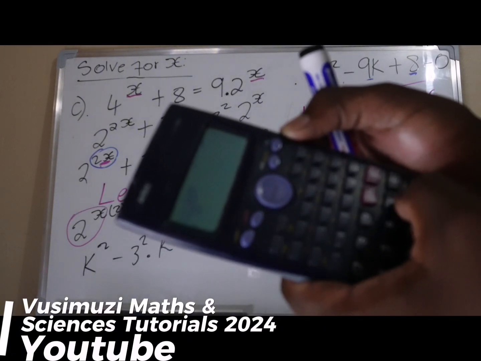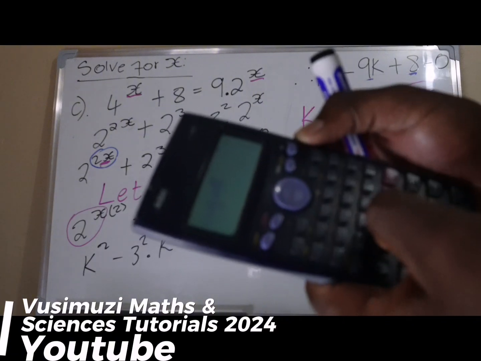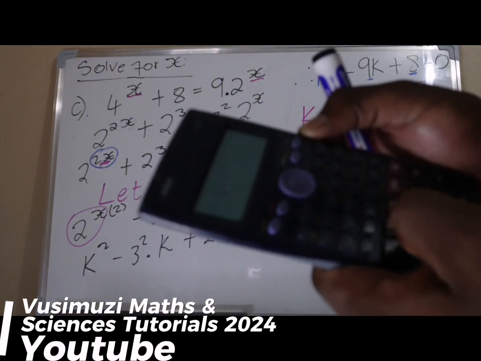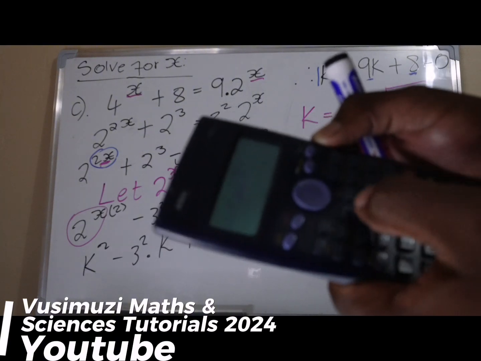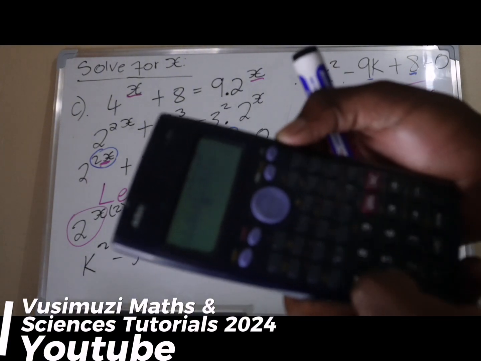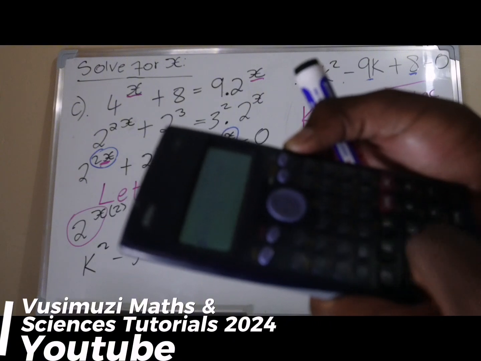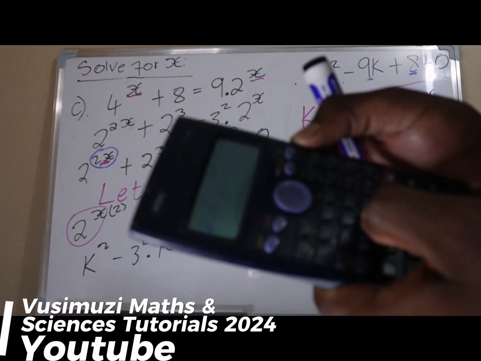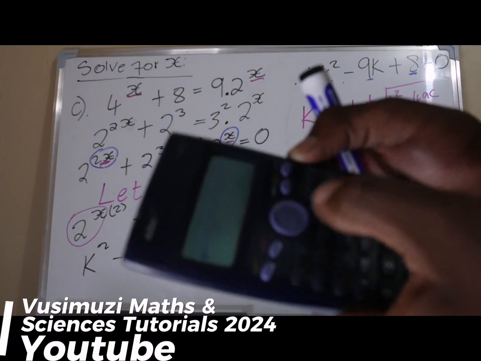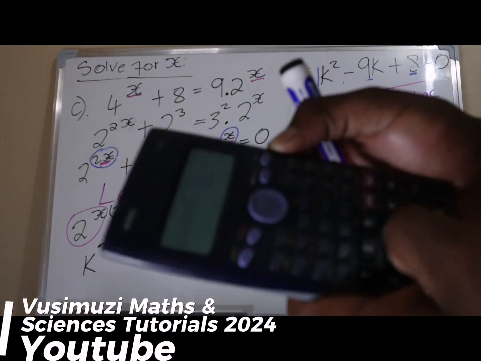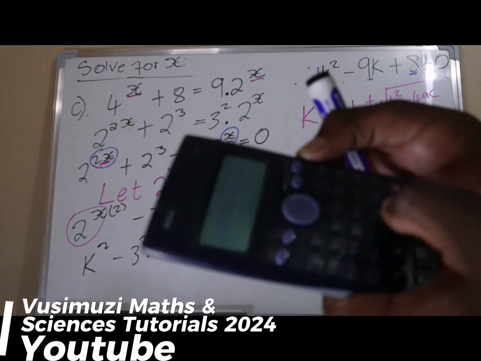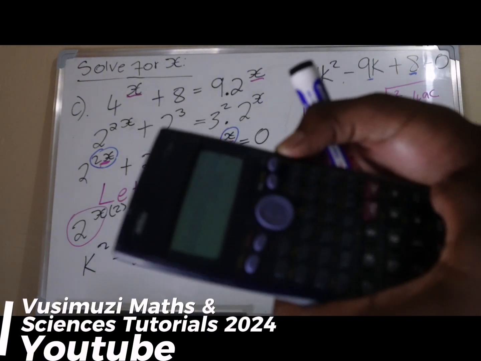Which one do you start with? You can start with positive: plus square root of bracket negative 9 squared minus 4 bracket 1 bracket close bracket open bracket 8 close bracket. Our denominator is going to be 2 times 1, and don't forget to open brackets, guys.